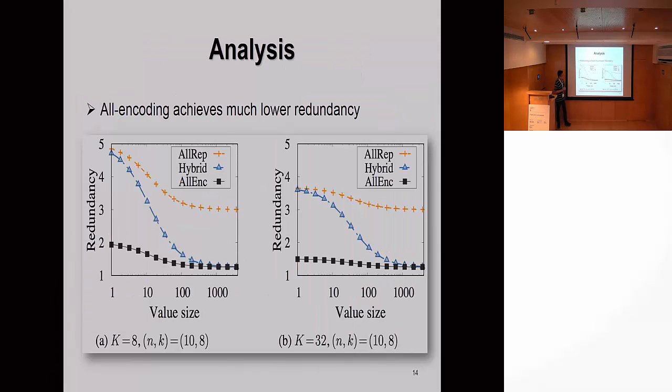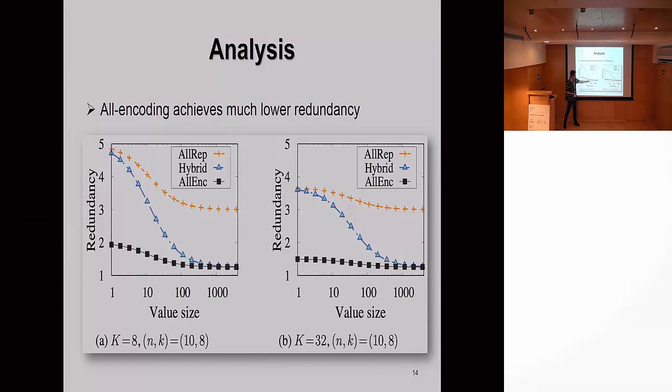So we do some analysis to understand the redundancy overhead. We fix the key size and also (n, k) equals (10, 8). The x-axis is the value size, the y-axis is the redundancy. Actually, we find that for replication, here it is 3 times replication, but in fact the redundancy is much higher than 3. It's because of the references. So when the value size is very small, the difference between the redundancy is quite huge.